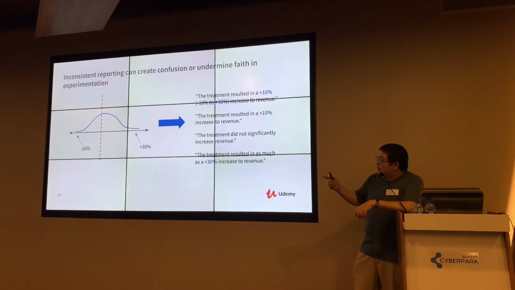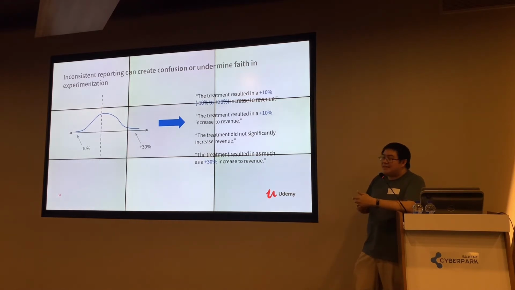For instance, on the left, I've shown a situation where you've run an A/B test, and the impact that you measure seems to be somewhere between -10% and plus 30% in some metric of interest, right? If I were to ballpark it, somewhere in the middle of that distribution is around plus 10%. That's halfway between -10% and plus 30%.